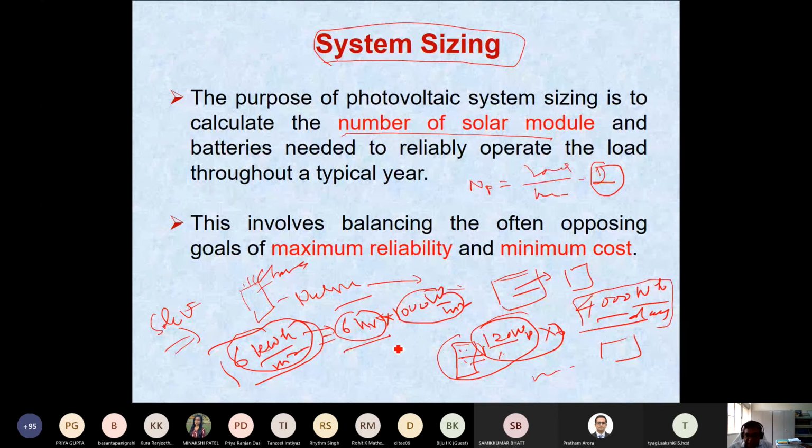How many ampere hours you need in a day and how many ampere hours your module will produce, from that you can find out the number of strings in parallel, and this is in series. I think this is the impact of going in a hurry.